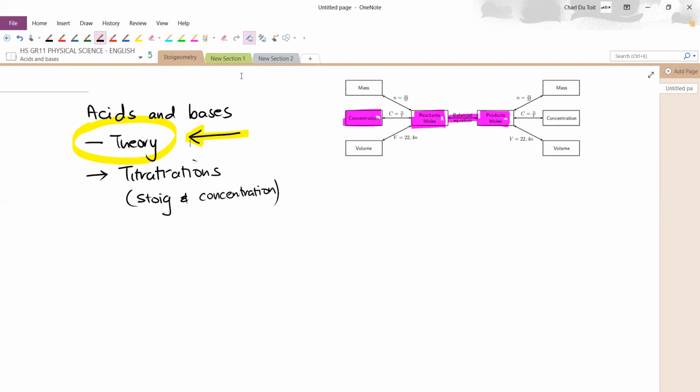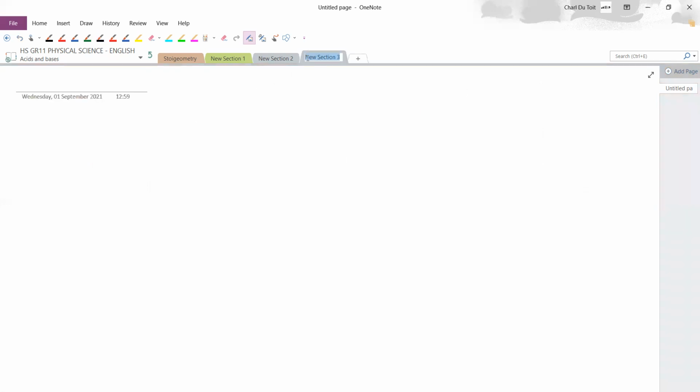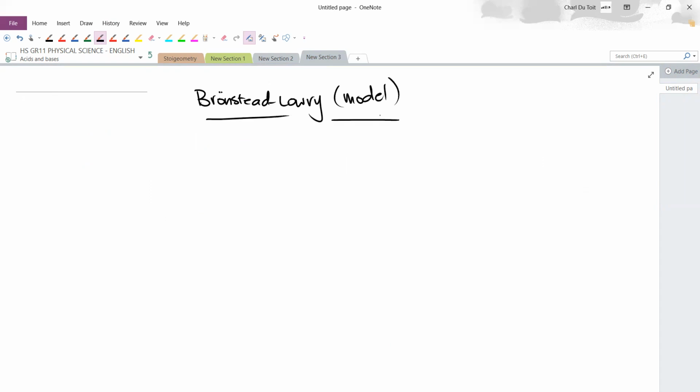Let's quickly look at that, your Bronsted-Lowry theory or model. You know what that is? What is an acid according to the Bronsted-Lowry model?